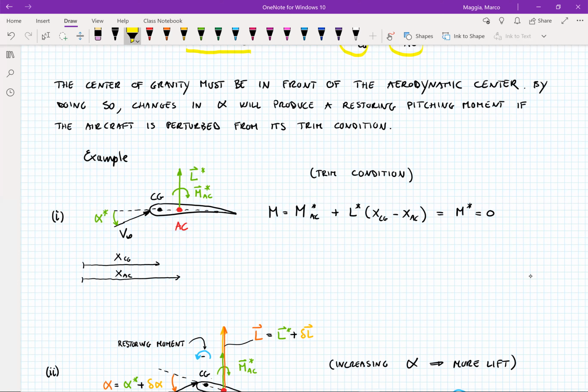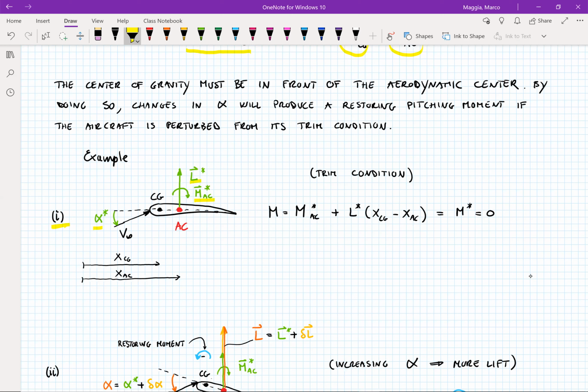Let's say in case I, this corresponds to the trim condition. So we have a certain trim angle of attack alpha star, and we have a trim generation of lift L star, and a trim value of the moment with respect to the aerodynamic center, MAC star.